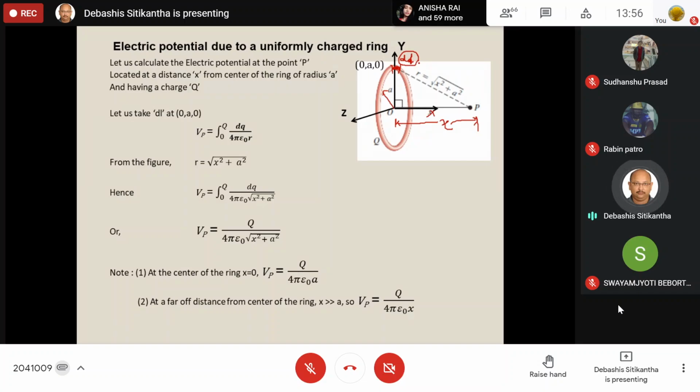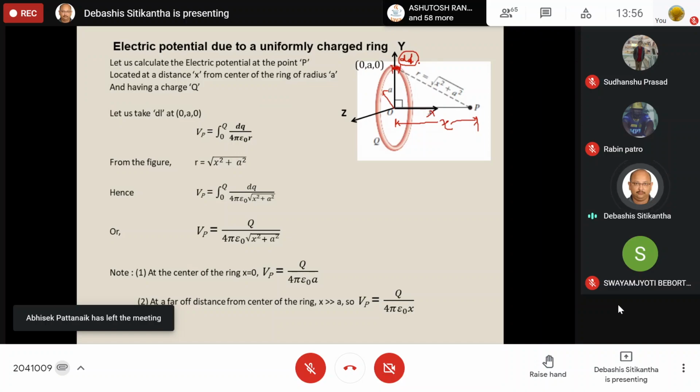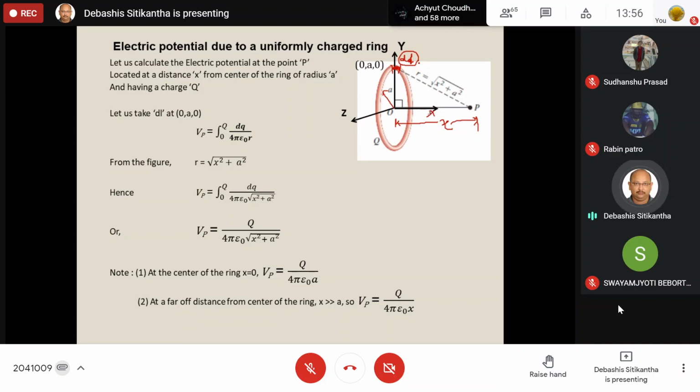Okay, let me repeat it. Whenever I told you that I'll be dealing with a very small length like dl, a very small area like ds, or a very small volume like dv, all of them will be considered as a point charge. Haven't I told you? Yes, of course I have.